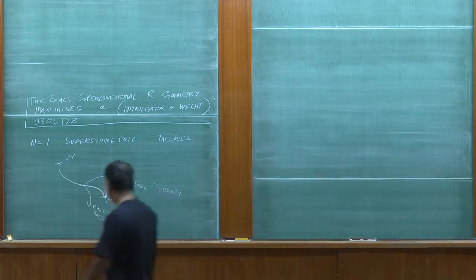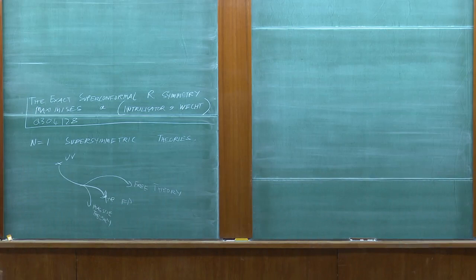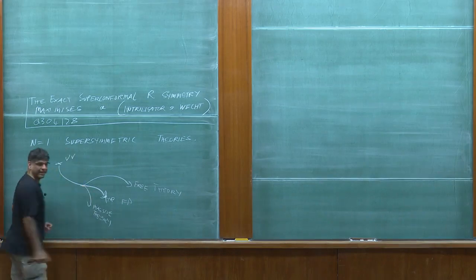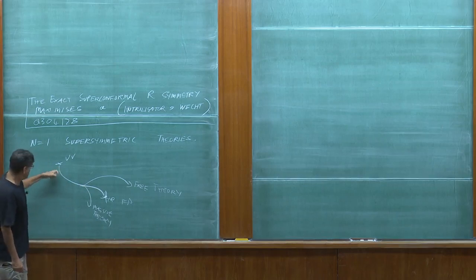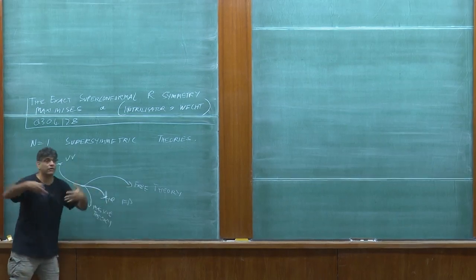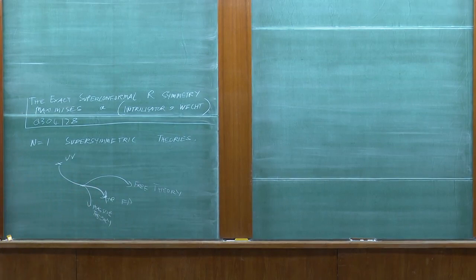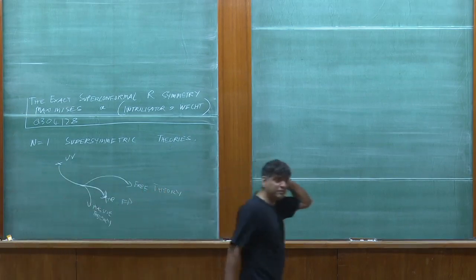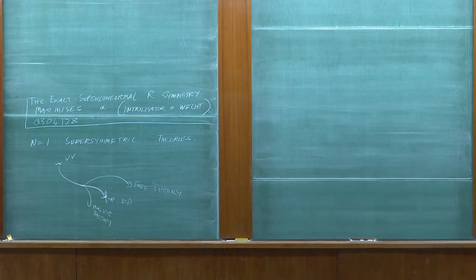Now, why am I saying all of this here? There were 2 points I wanted to make. The first is that even though IR behaviors of quantum field theories can be very plentiful, UV behavior, where we use the term quantum field theory, at least in current usage, is always a fixed point.